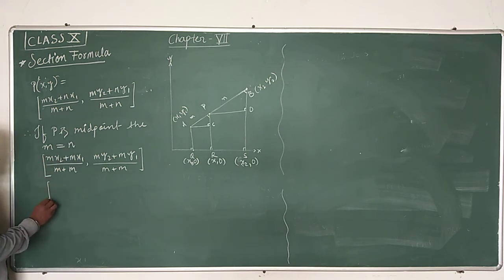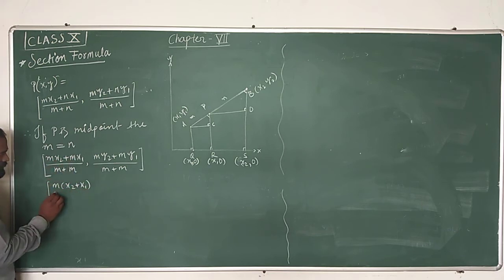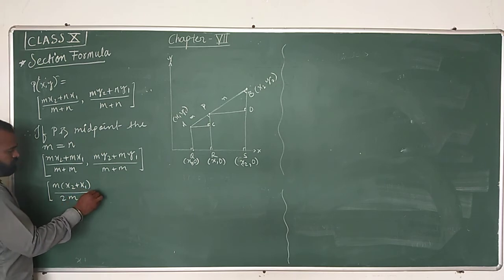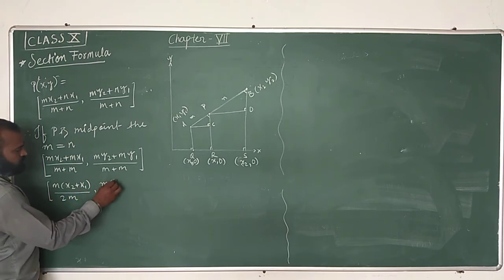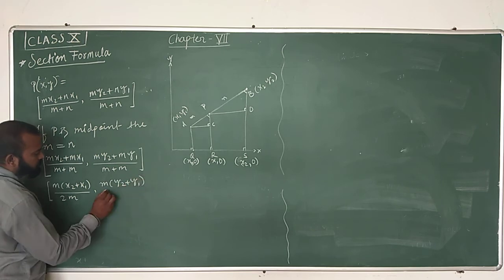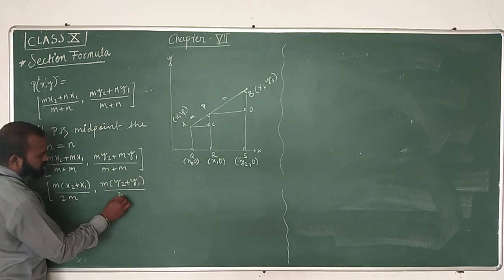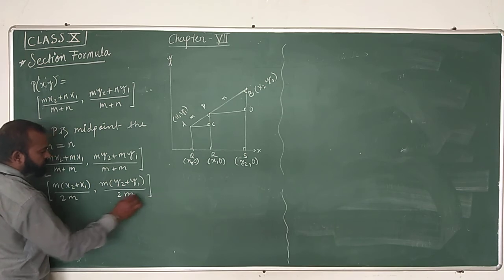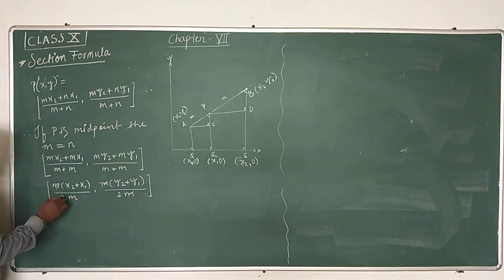Now take out m common: m(x2 plus x1) upon (m plus m), which is twice m. Here also m common, m(y2 plus y1) upon twice m. So m and m get cancelled.